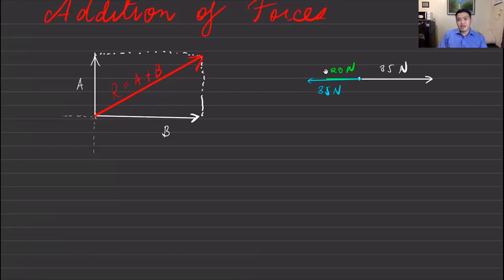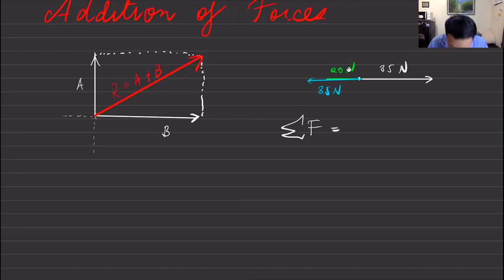Now, how are you going to add this? These are vector quantities, so you need to consider the direction. You need to consider whether it is positive to the right, usually, or to the positive x-axis, and negative to the left or to the negative x-axis. So you can take the vector summation of F, meaning you add all the vectors.